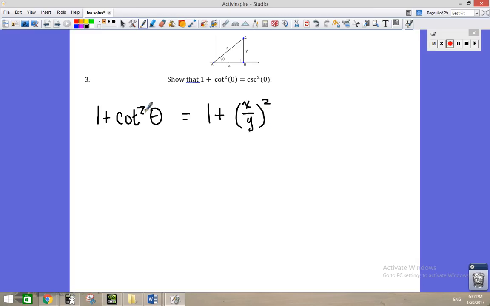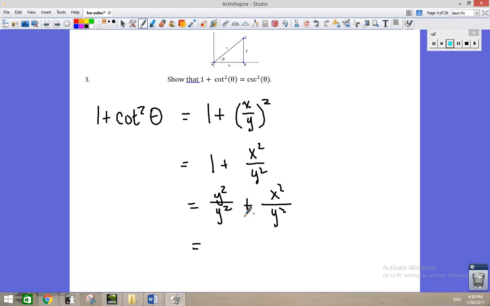And I know that this exponent of 2 means that I have x over y times x over y, which I can write as x squared over y squared. Now if I want to combine these two terms, I need to rewrite the number 1 with a denominator of y squared so that it has a common denominator. So I've got y squared divided by y squared, which simplifies to 1, and x squared over y squared.